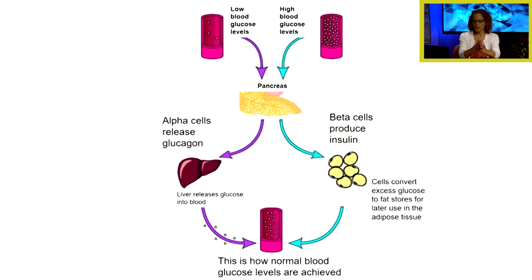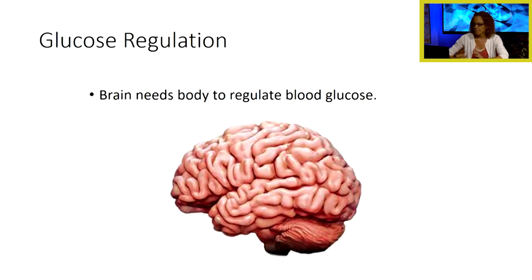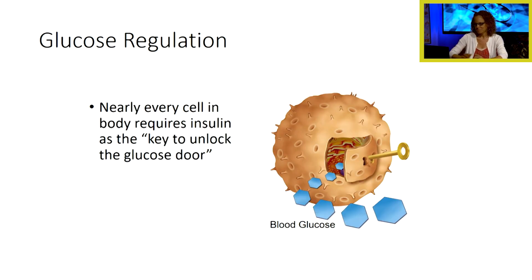So we don't want glucose too high and we don't want it too low. Okay, so one of the main reasons is because of our brain. The urgent need for glucose regulation is because our brain needs our body to regulate blood glucose.